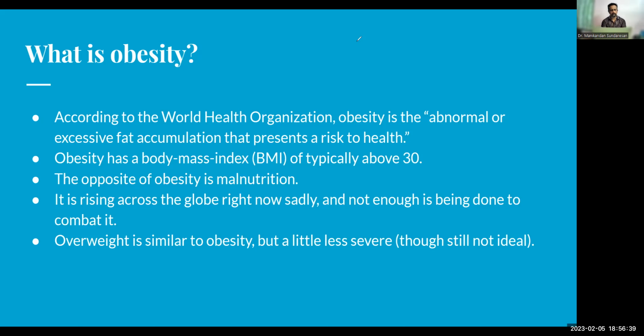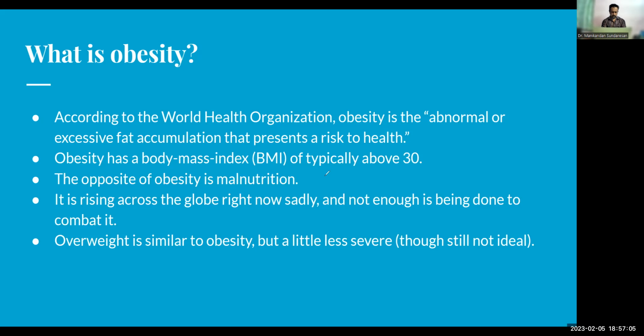And then overweight is similar to obesity, but it's a little less severe. Again, a body mass index of 25 to 30 is typically considered overweight. One thing to remember is that obesity means you're also overweight. Overweight is anything above 25, and obesity is when you're above 30.